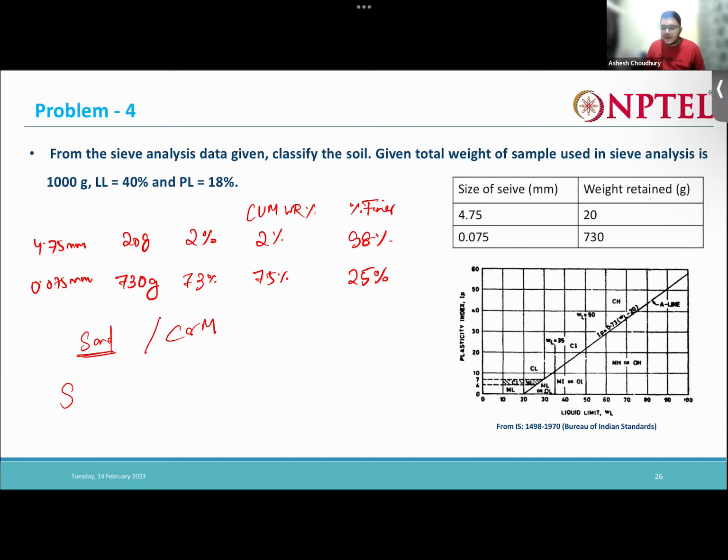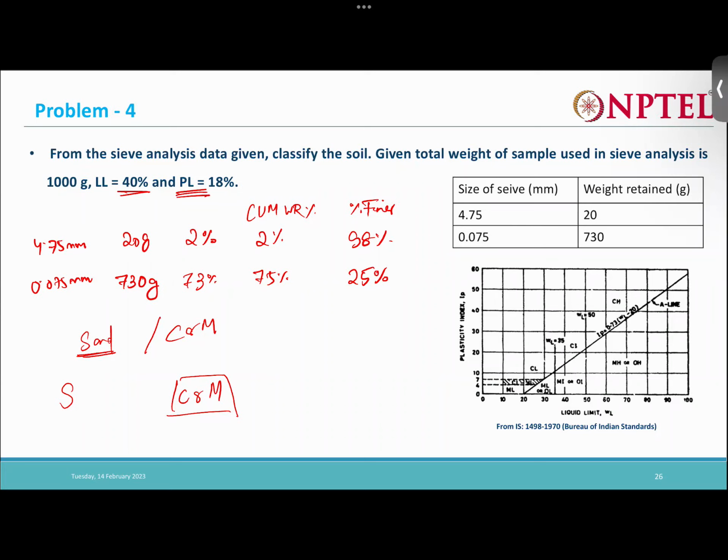So how should our nomenclature be? What will be the second part? The suffix will be C or M, clay or silt. Now you need to determine our suffix. For that purpose, other information is given to us: the liquid limit and the plastic limit. The liquid limit is 40% and the plastic limit is 18%.